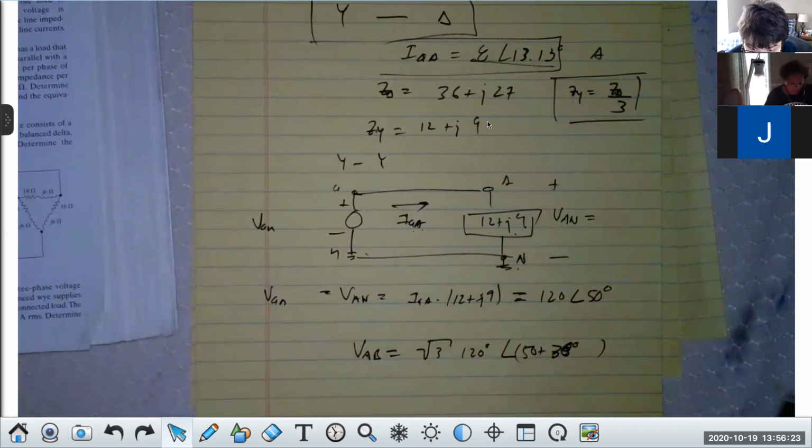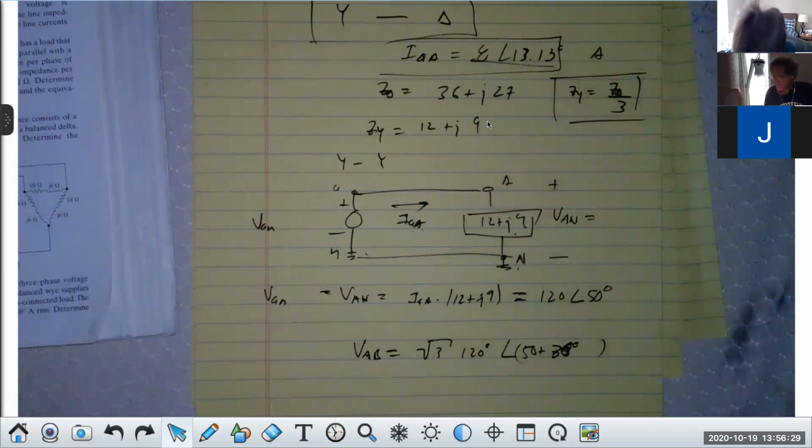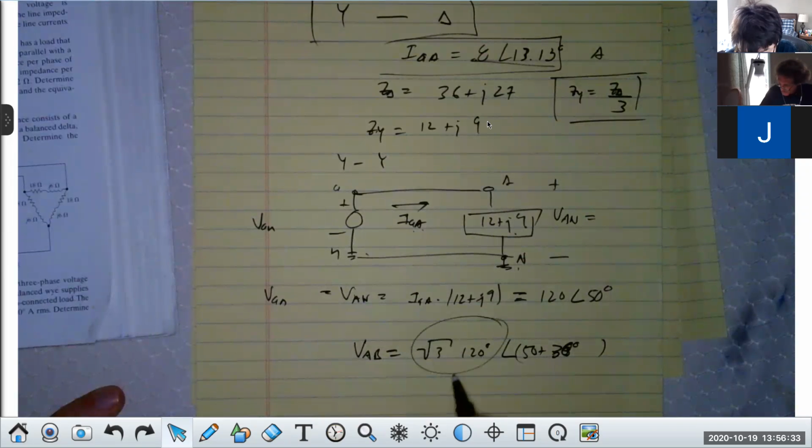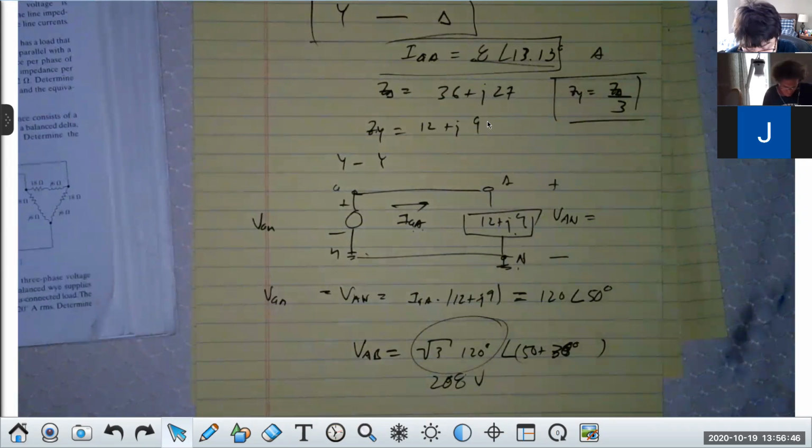Now that's VAB. What does it want here? Find the source voltage if the line impedance can be ignored. Jessica, you have the solutions manual. This is about 208 right here. They didn't really find that one in the solutions. They just did VBN and then VCN. Yeah, but that's the phase voltages.